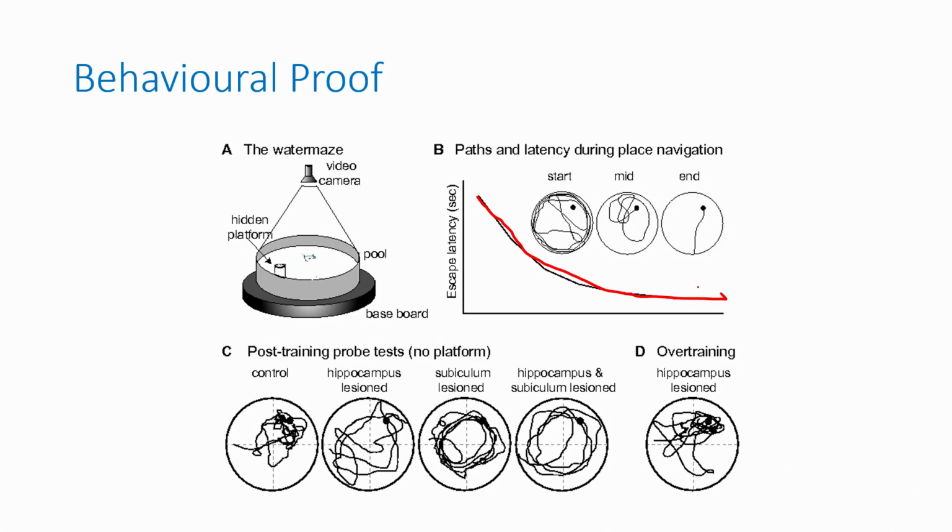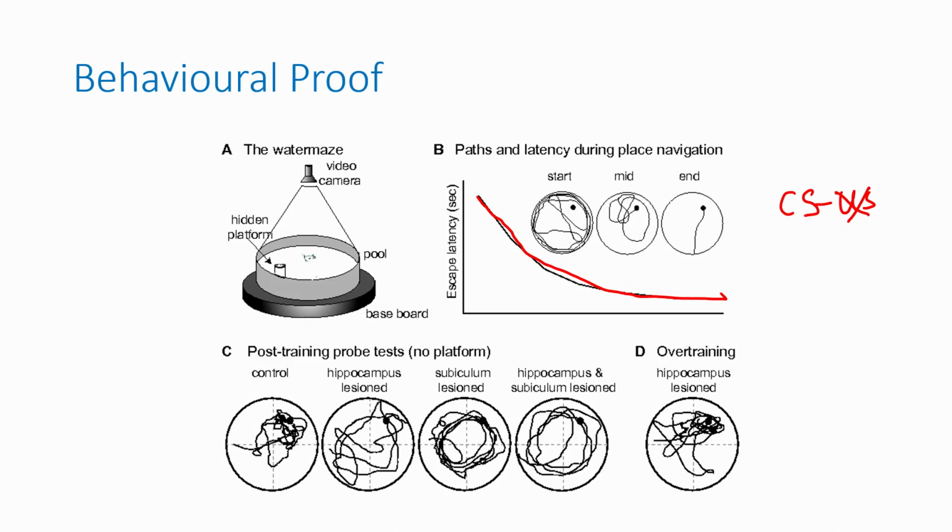The way you do that is by doing a probe test. Just as in our traditional CS-US experiments, where we would remove the US and ask what the response to the CS is, in the same way here we remove the platform and ask what the mouse is doing now.